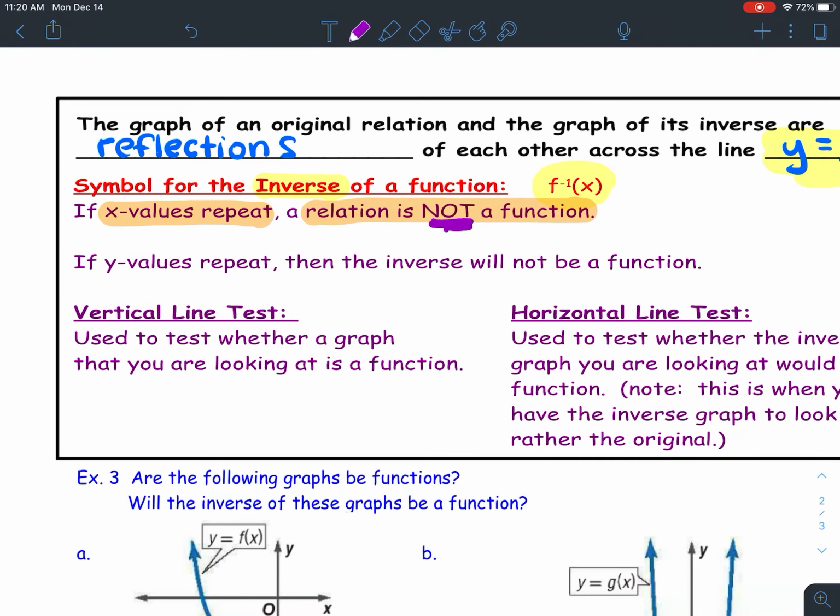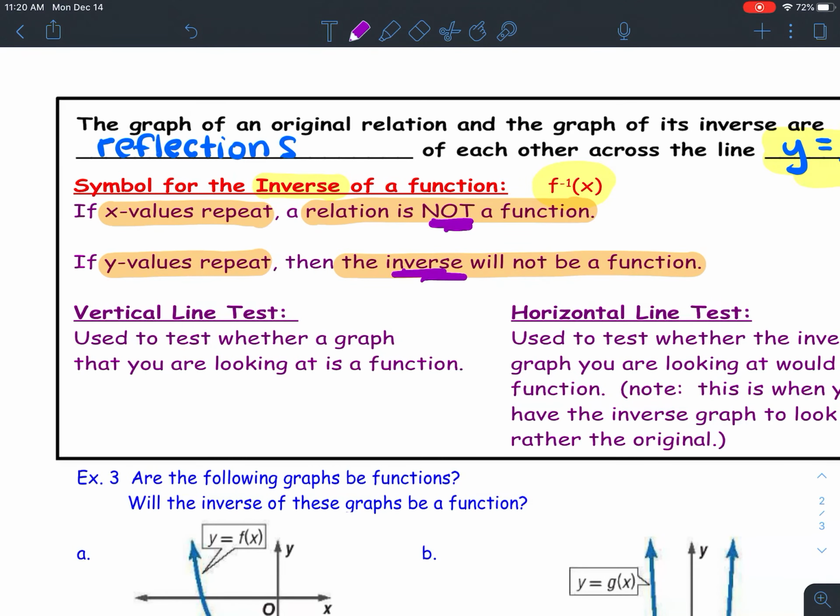If you're looking at an original graph and you can tell, okay, the x values don't repeat, so that's good. That means that that original graph is a function. But what if the y values of the original graph repeat?